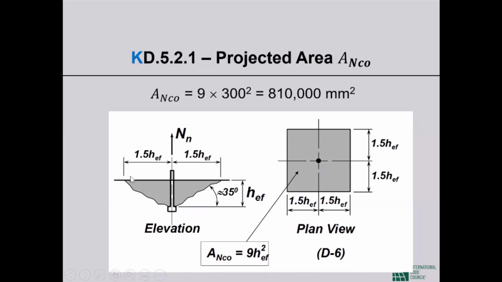So the projected area of the failure surface of a single anchor in tension, not considering the edge distance or spacing, is 3 times embedment depth multiplied by 3 times embedment depth, which is 9 times embedment depth squared.